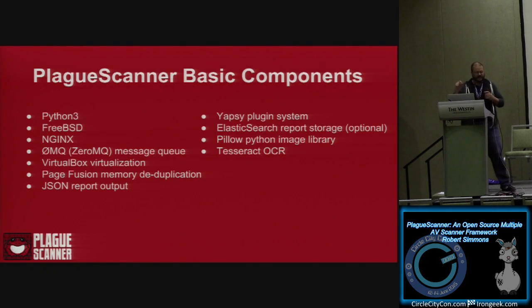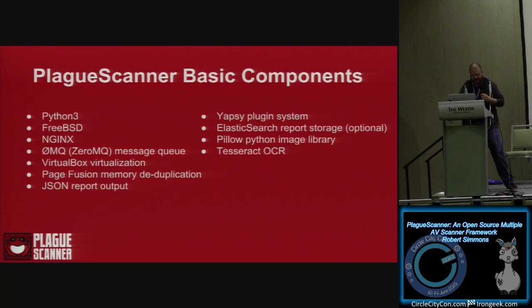On the scanners, I'm using a YAPC plugin system, which is basically to make it easy for an end user to create a plugin without having to really know Python and code a lot of extra components outside of just the processing of that scanner.